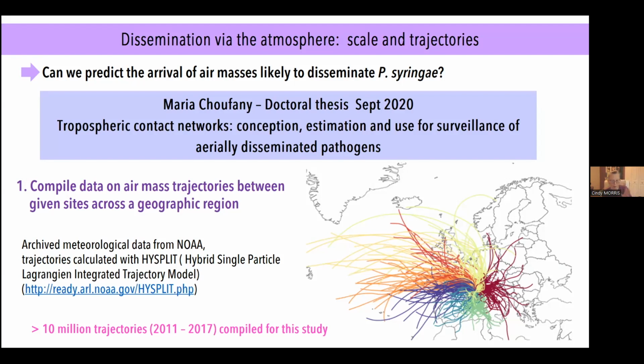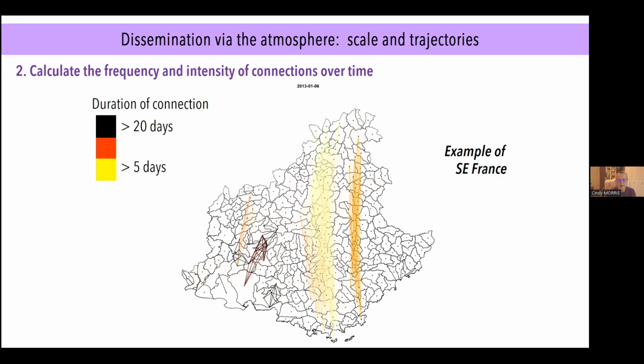So we focused on our region of France. She used this archive data and downloaded and compiled 10 million trajectories that occurred between 2011 and 2017 from the NOAA data bank, the HYSPLIT site.